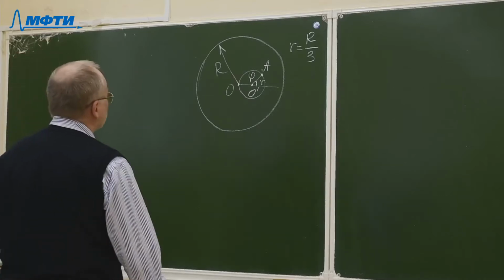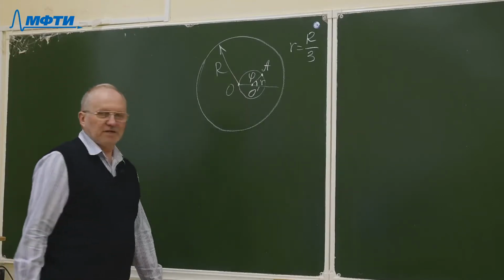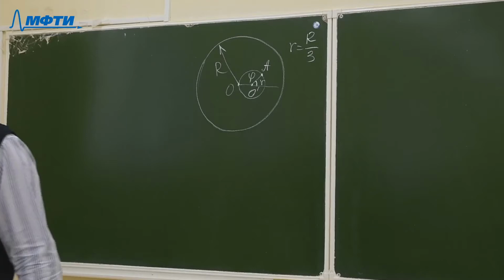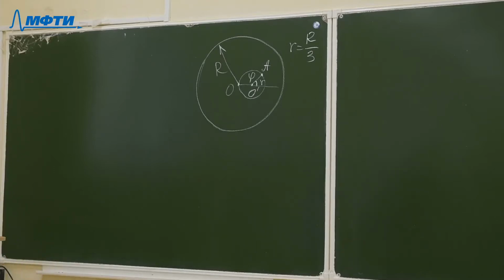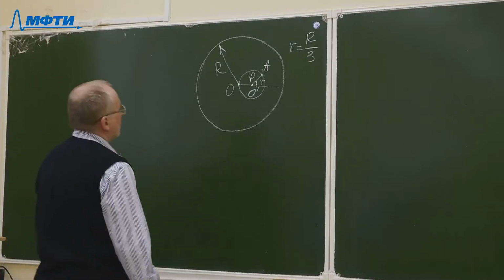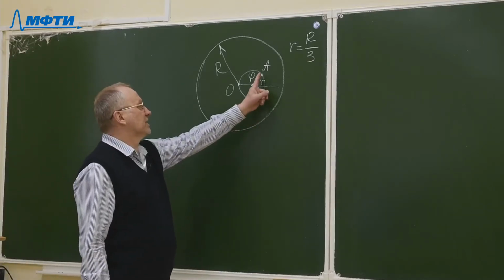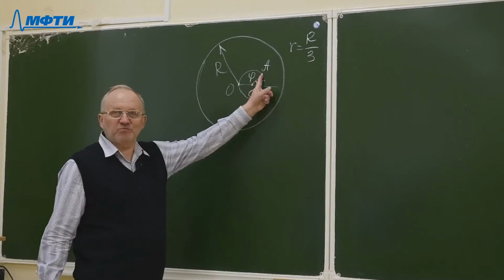And the two disks rotate in different directions with the same angular velocity which is given. The question is, what is the trajectory of point A?